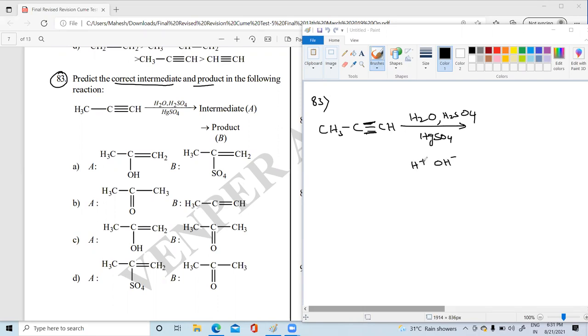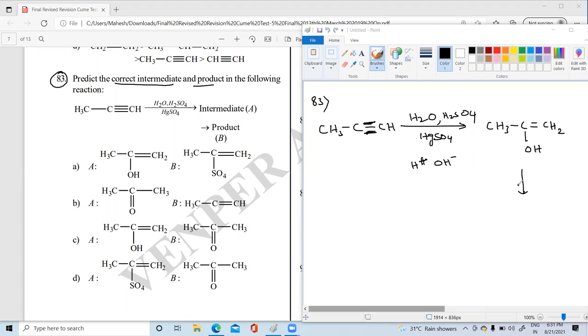H plus we have to add to the carbon having the more number of hydrogens. Let's take CH3, C double bond CH, with more hydrogens here, and OH we keep on the other carbon according to Markovnikov. This is the intermediate.